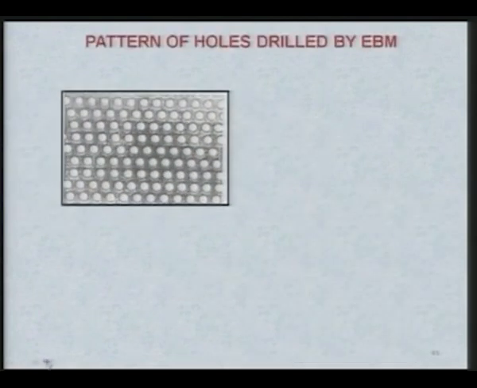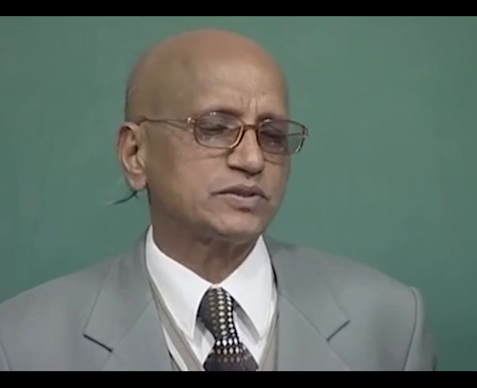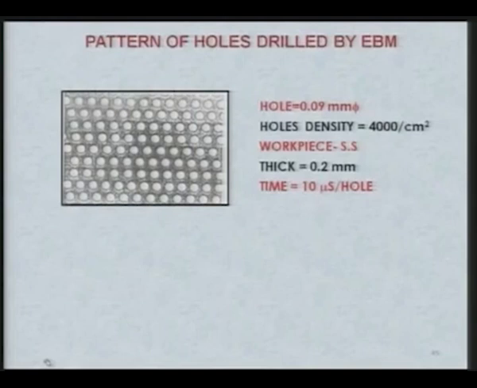Now, I will show you some very important applications in the micro machining area of the electron beam micro machining process. Here you can see the pattern of the holes drilled with the help of the electron beam machining process.